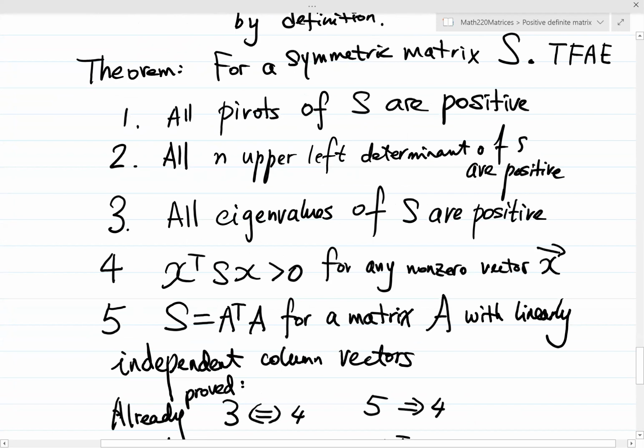Next time we will give certain examples of positive definite matrices, which of course satisfy all these 5 properties, and some applications of positive definite matrices. Okay, we have 1 minute. Let's just stop here for today because we don't have enough time for one example.